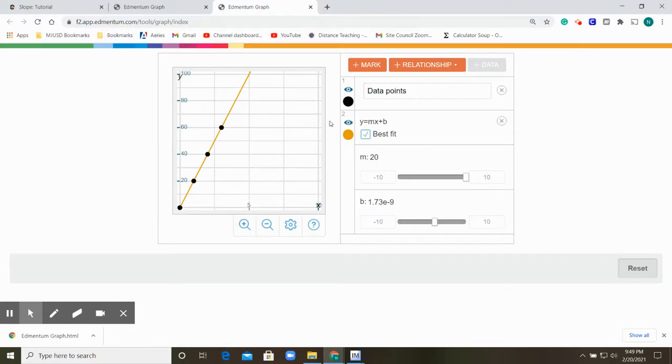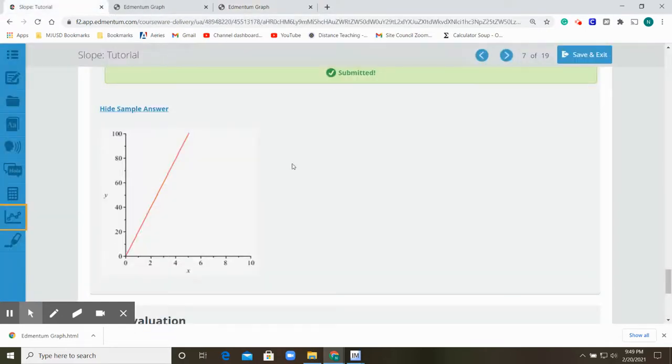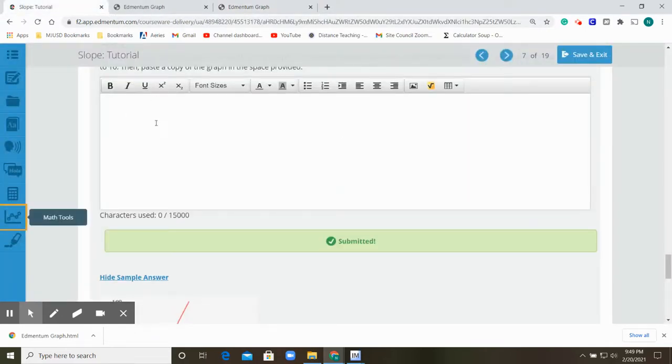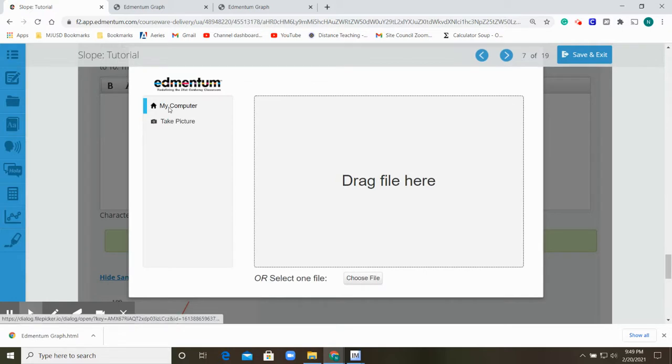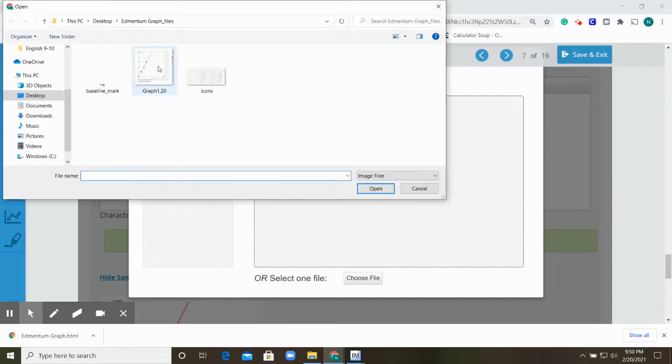And then I went to the assignment, and right here it says insert image. Then I went to the folder that it was in. You can do choose file. I dragged it in. It doesn't matter.